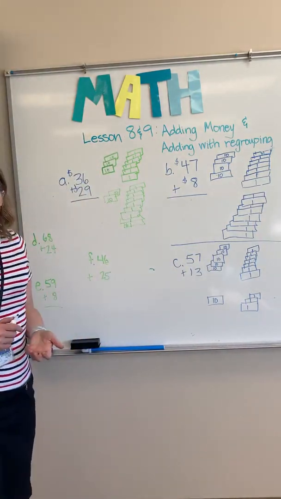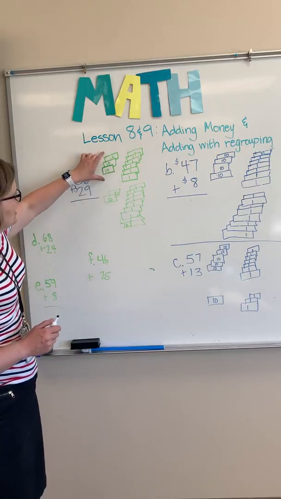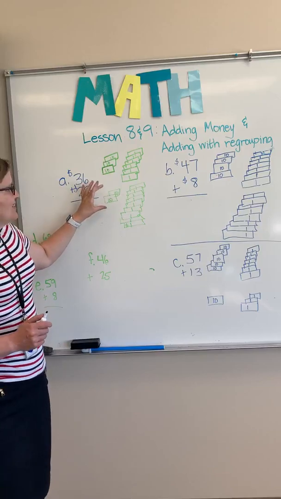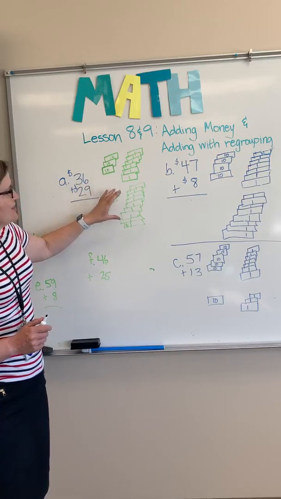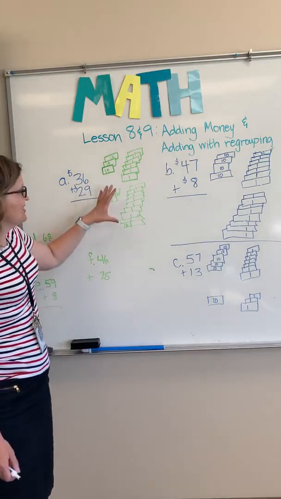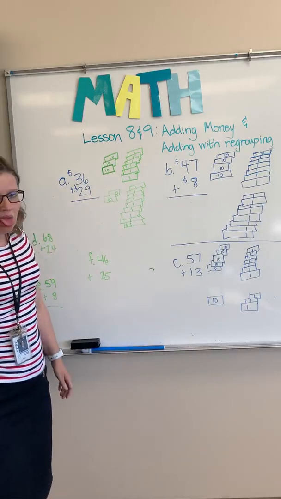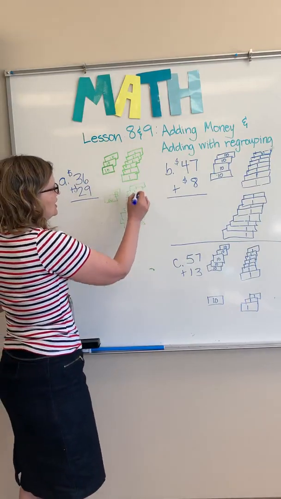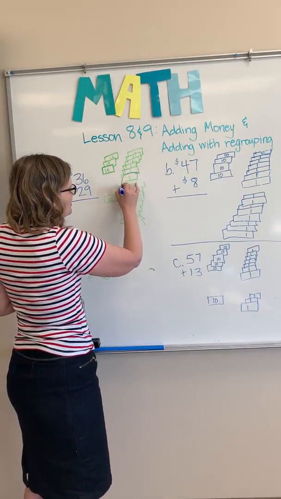Here we have $36, which is 3 tens and 6 ones, plus $29, which is 2 tens and 9 ones. When I was looking at this, I can group these two together.